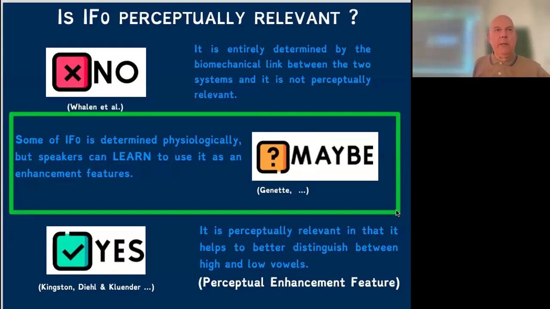So it's possible, and likely to some extent, that IF0 is physiologically determined as a baseline measure, but that in some languages, children or speakers learn to use this feature as an enhancement feature to achieve more robust communication.